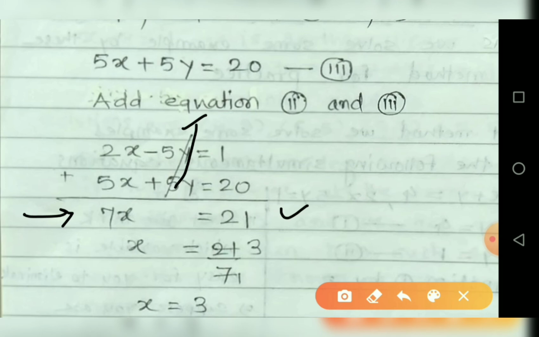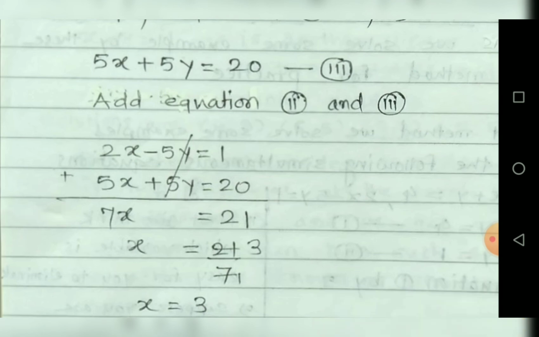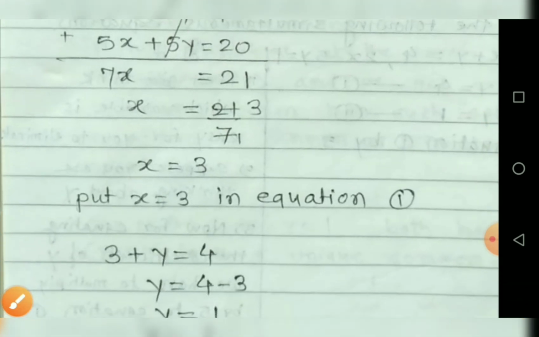Now solve this equation. x is equal to 21 upon 7. 7 threes are 21 and x is equal to 3. Put this value x is equal to 3 in equation 1. You can put this value in any one of these three equations, that means in equation 1, 2 or 3, but choose the equation which is convenient for you for calculation.